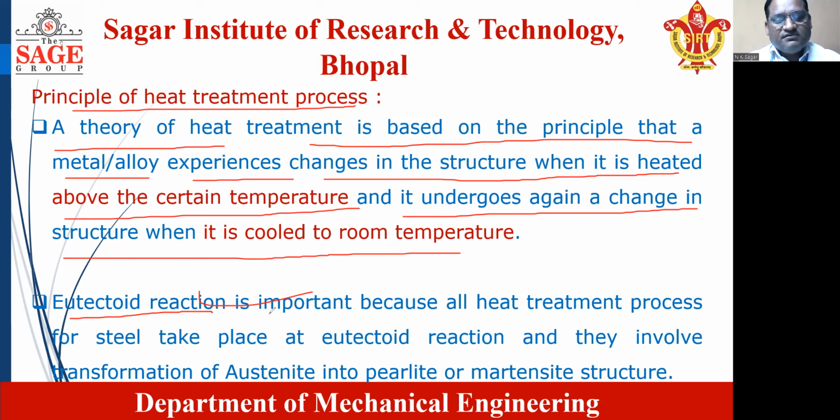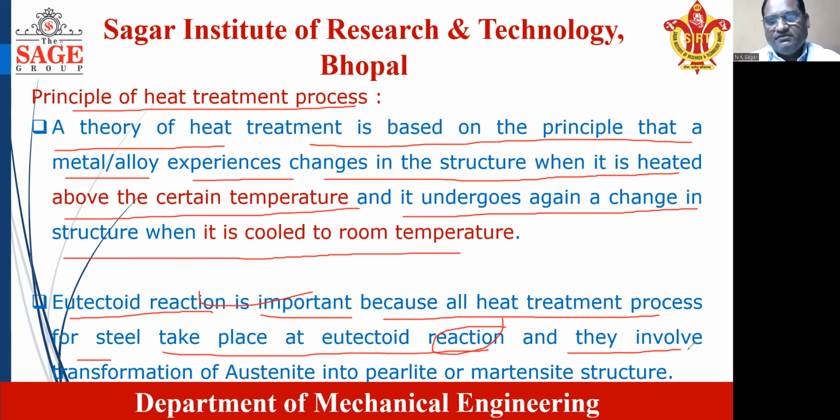Eutectoid reaction is the important reaction because all heat treatment processes for steel take place at the eutectoid point, and they involve transformation of austenite into pearlite or martensite structure.